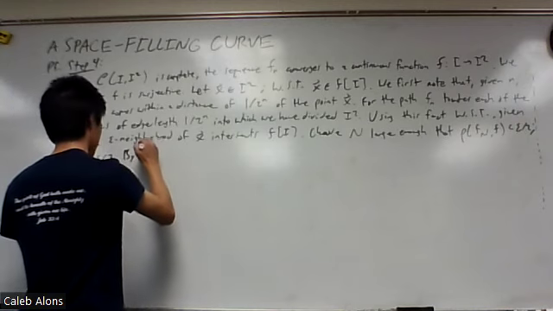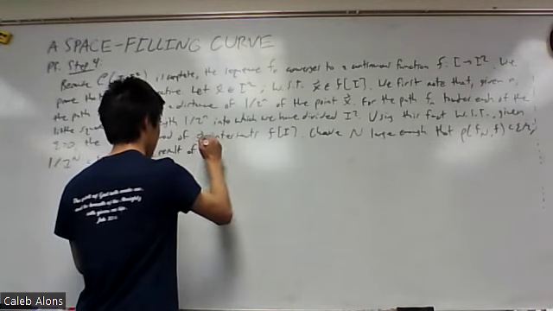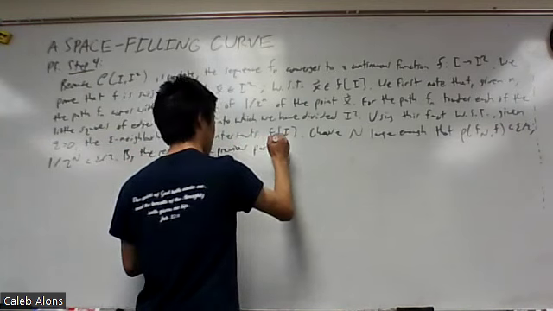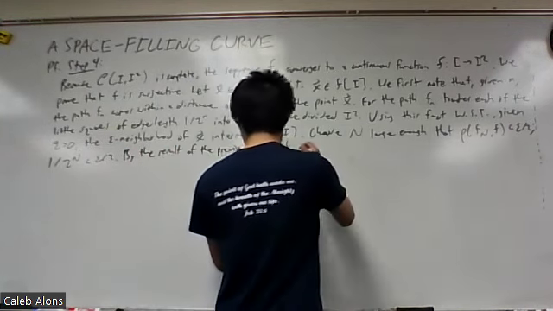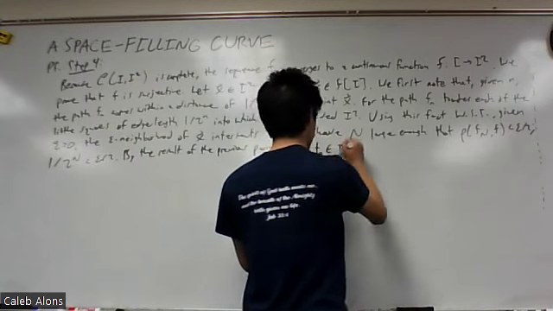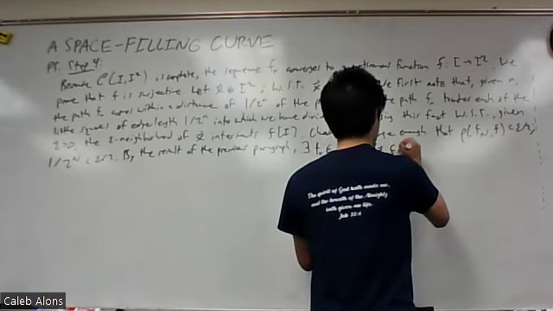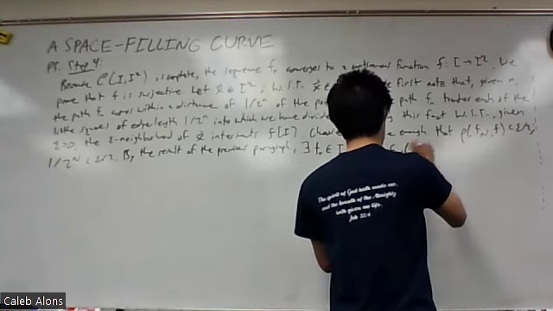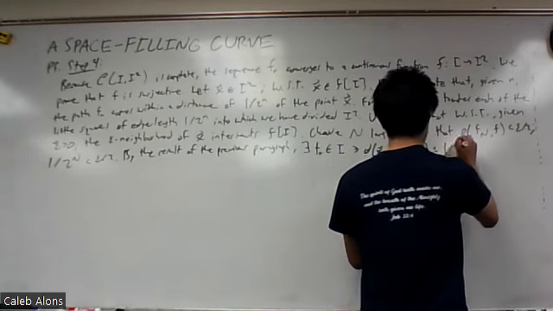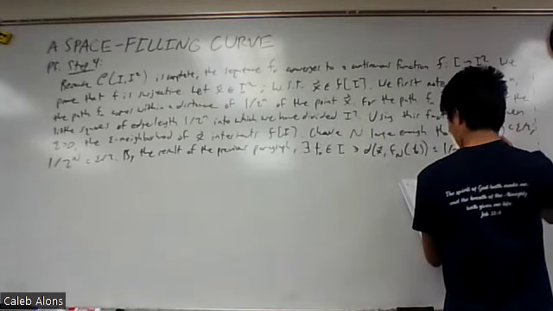So by the result of the previous paragraph, we will have the existence of some point t naught in I, such that the distance between our point and f at the sufficiently large n path at t naught is going to be less than or equal to the edge length at that path.